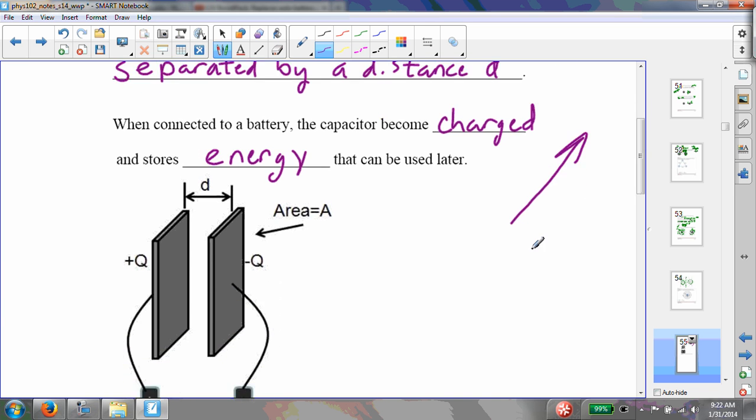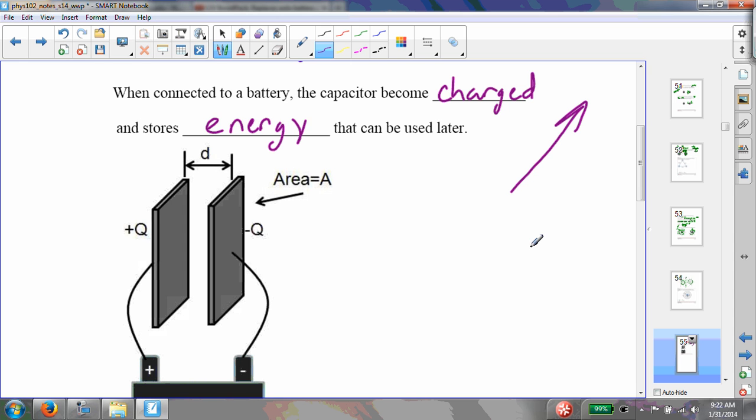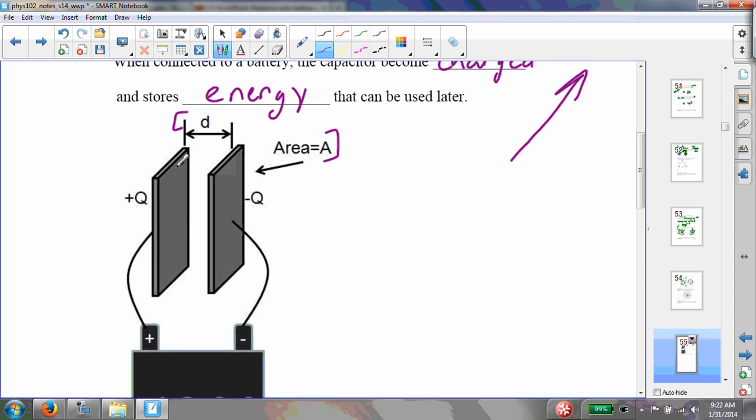All right, now, a capacitor is made up of two metal plates. They have an area A, and they're separated by a distance D. When you hook them up to a battery, they get a certain amount of charge, and so I'll get positive charges over here. These charges come off of the positive terminal of the battery. We'll talk about how we think about electricity in circuits, but in general, when we talk about circuits, we're going to talk about the flow of protons instead of electrons.